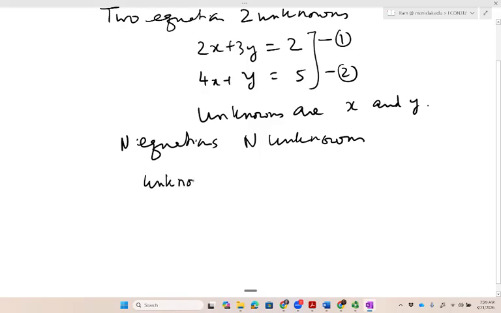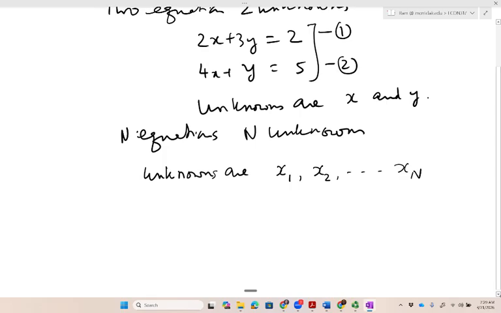Unknowns are x1, subscript 1 for x, x2, subscript 2 for x, I go on and on, I write subscript n for x.